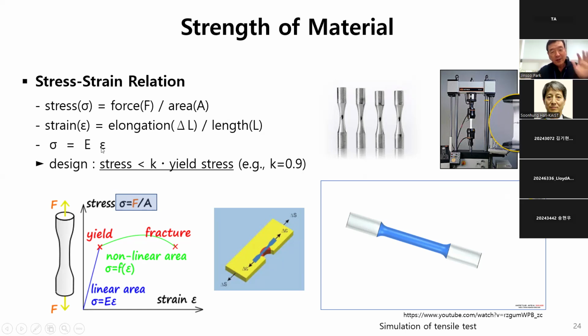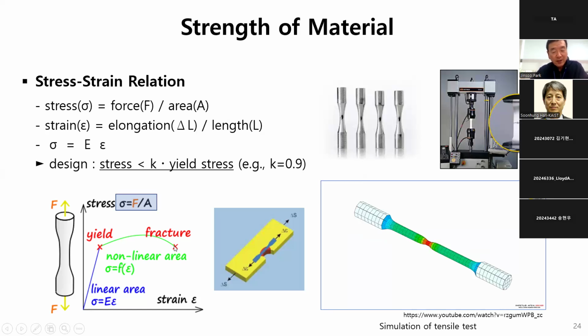This material data can be obtained from tests using these small specimens, and the test is done like this simulation. From this test, we need to catch the data for yield and fracture: where the material starts to yield, and at what strain the material fractures.